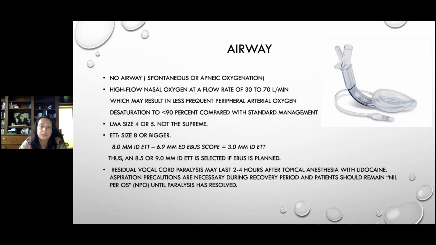This is the size of the tube that we use to intubate neonates. So the lumen is quite small, the peak airway pressures will be quite high, and ventilating the patient might be difficult. So our recommendation is to use at least an 8.5 endotracheal tube if the EBUS is planned.